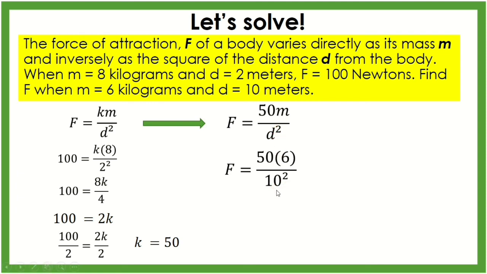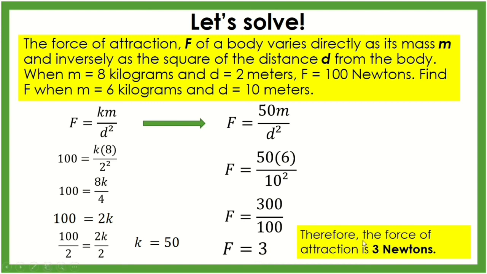Square natin. Simplify. 50 times 6 is 300. 10 squared is equal to 100. 300 divided by 100 is equal to 3. Therefore, the force of attraction is 3 newtons when the mass is 6 kilograms and the distance is 10 meters.